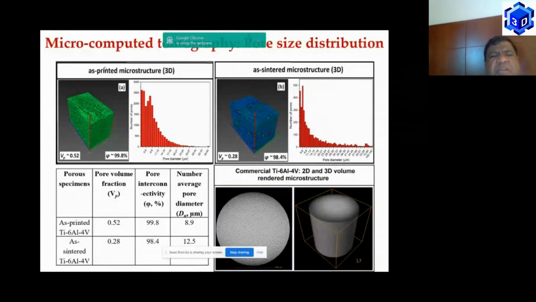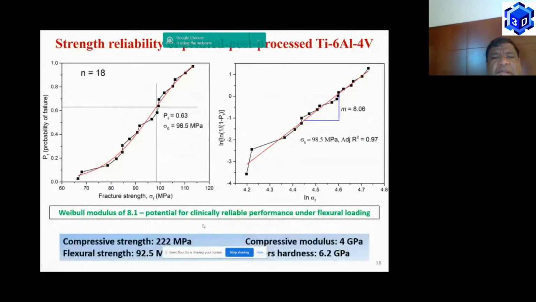Now, the as-printed microstructure has a porosity volume fraction of 52%. When we sinter it, the volume fraction of the porosity decreases to 28%. Interconnectivity of the pores remains at a similar level, that is 98%. And the number average pore diameter is around 8.9 micrometer.